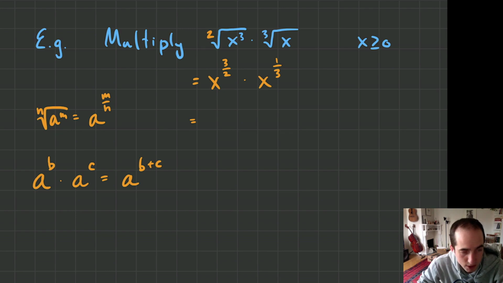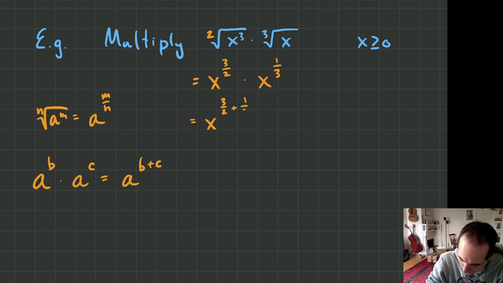So all we're going to do is add these exponents and we'll be done. So this is equal to x to the 3 halves plus 1/3. Well, let's see what that's equal to. I'm going to do that on the side here. So, 3 over 2 plus 1/3.